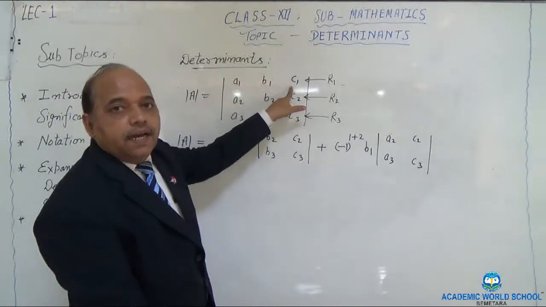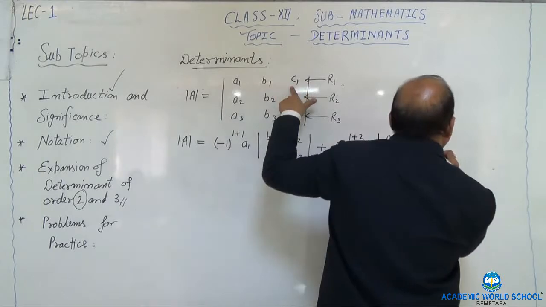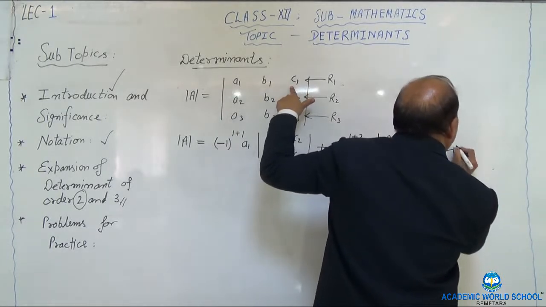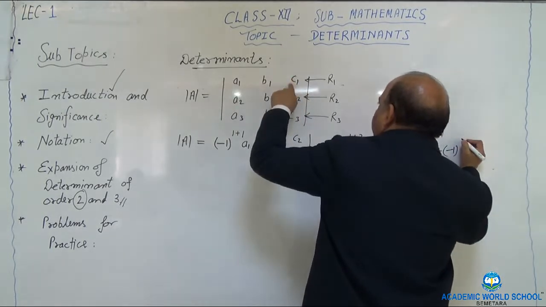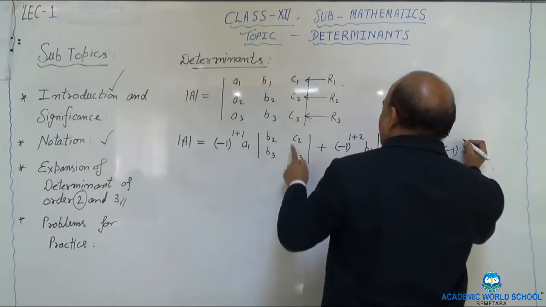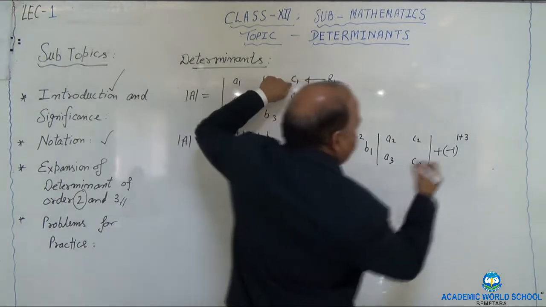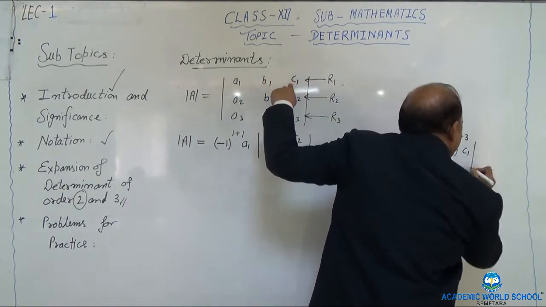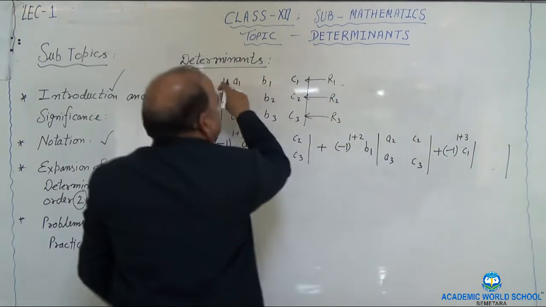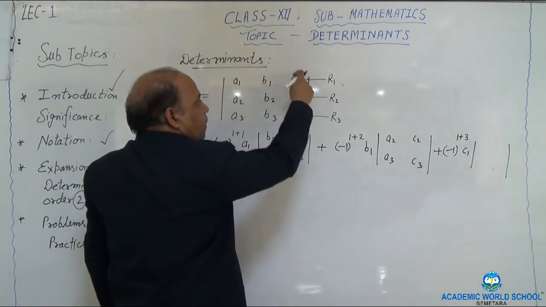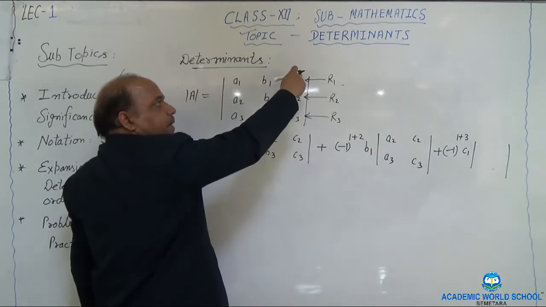Now we have to write for C1. We will write in the same manner. Minus 1 to the power of first row, third column, 1 plus 3. Then that element itself, C1, and then write down what is left after leaving the row and the column in which that element belongs.